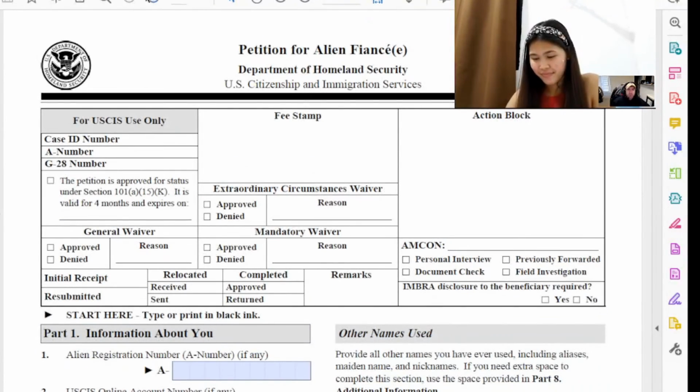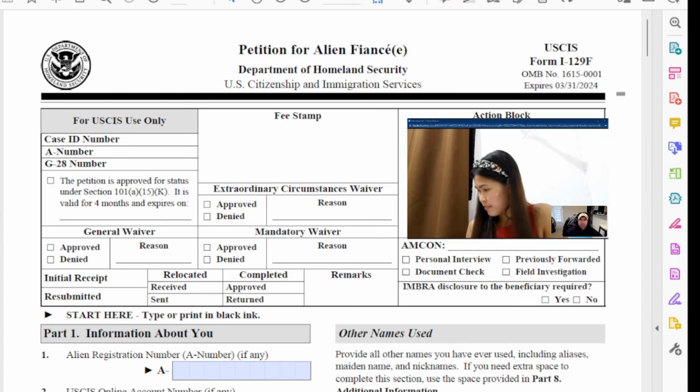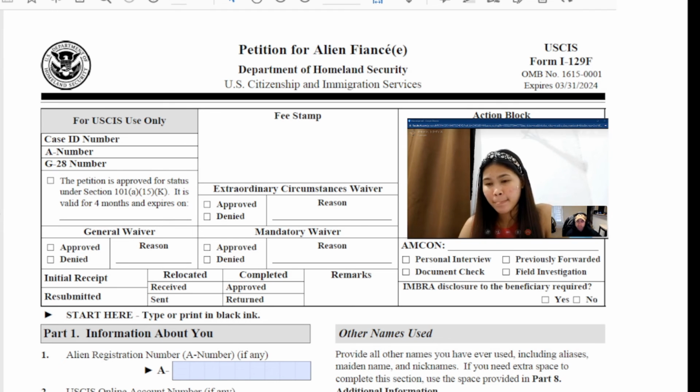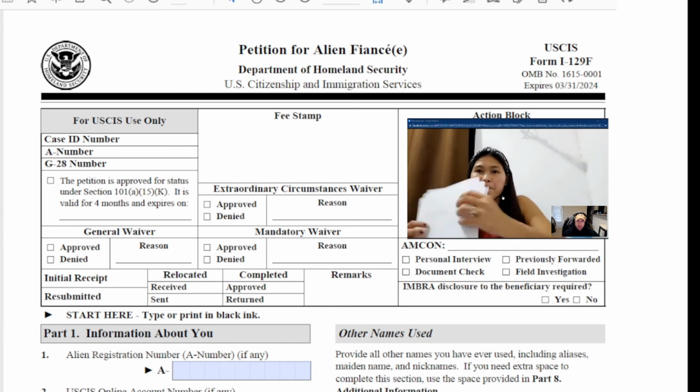So we have just gone over completely the petition for alien fiance. I did want to see if I could show you the directions real quick. They actually have a step by step instruction.